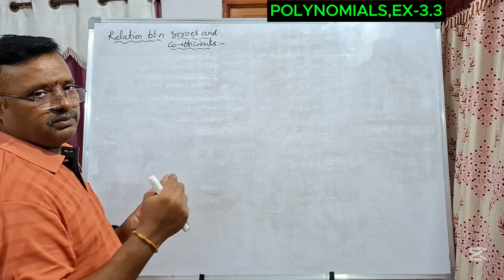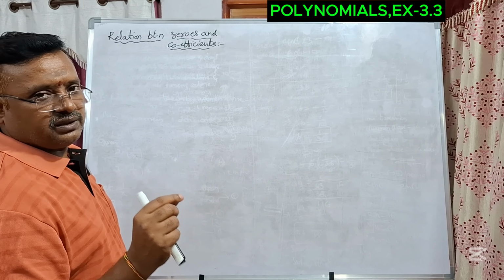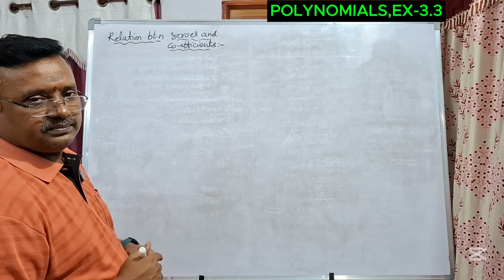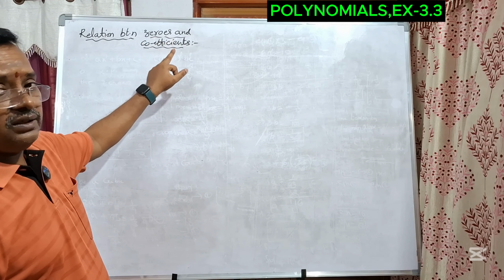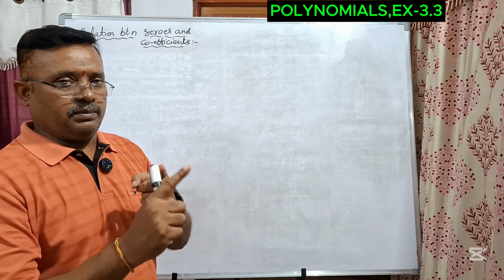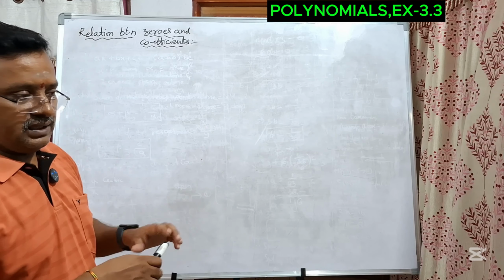Using this simple concept, we are able to solve exercise 3.3 problems, which are very important, right? The relation between zeros and coefficients for two very important polynomials, quadratic polynomial and cubic polynomial. Let us see.